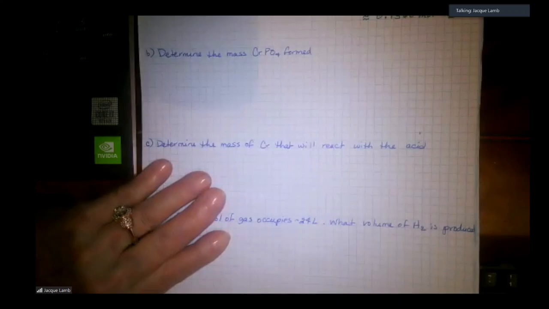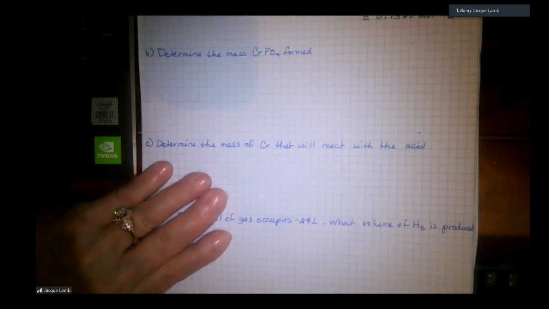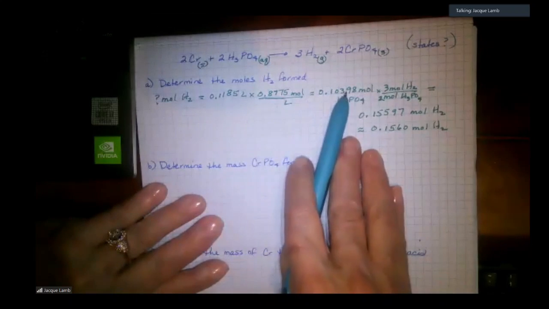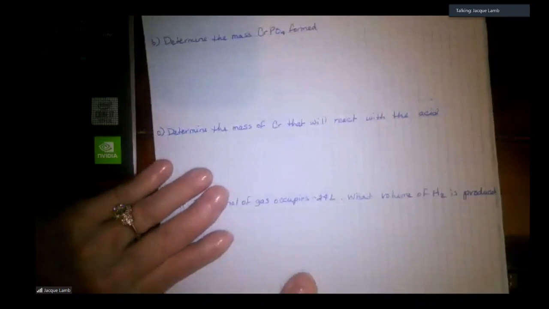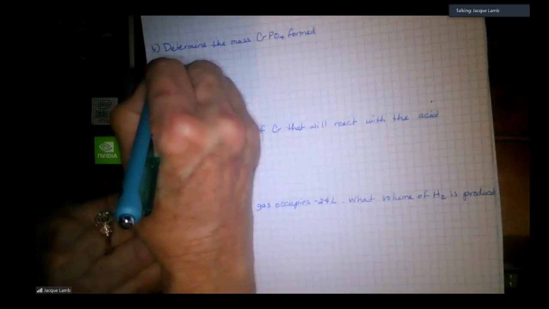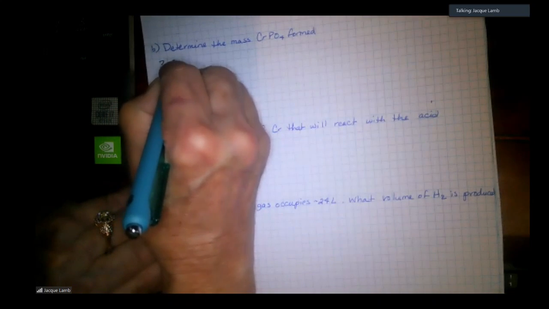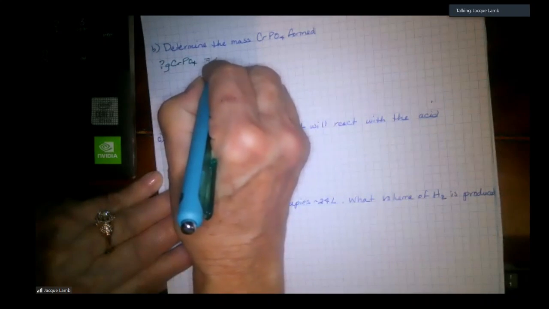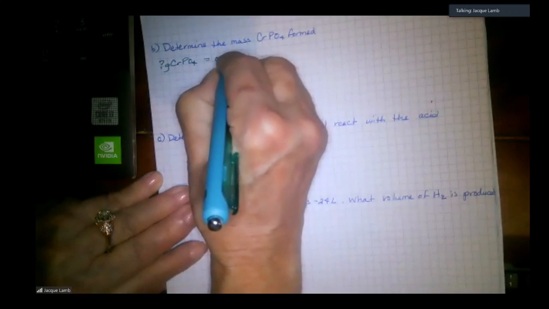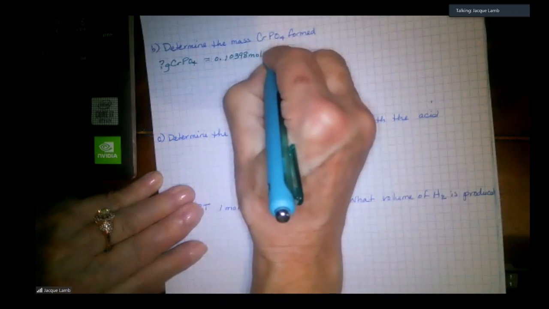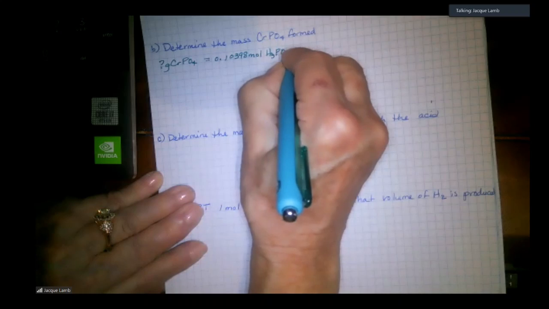All right, the next one is determine the mass of chromium 3-phosphate formed. Well, I'm going to start with the moles I get of phosphoric acid. I'm asking how many grams of CrPO4 equals 0.10398 moles of H3PO4.